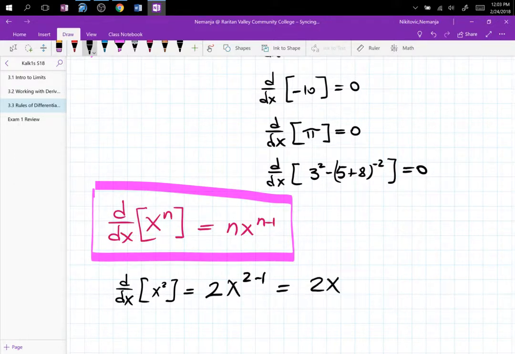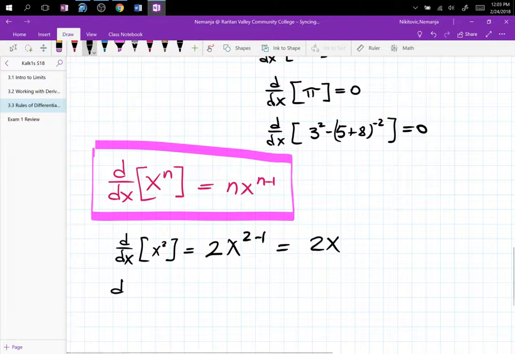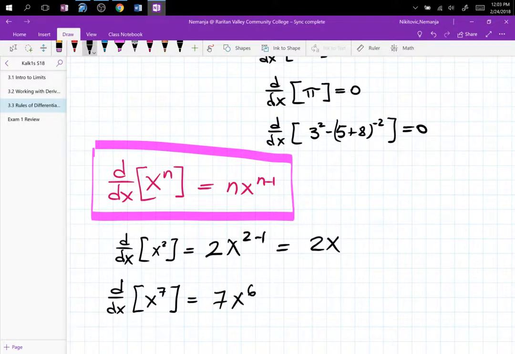You get 2x. So the derivative of x squared is 2x. What is the derivative of x to the 7? You tell me. 7x to the 6. Your n is 7. You drop that in front of your x. So whatever power you have, you drop in front of x, and then just subtract 1.